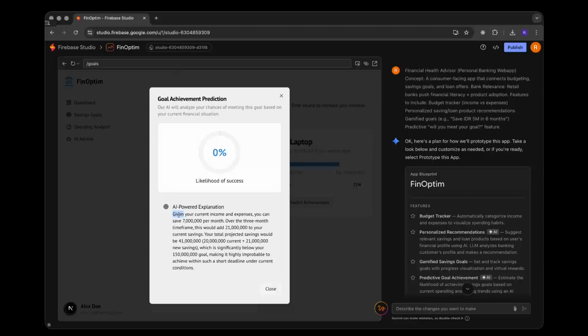And then it also gives them an explanation of why it has a low chance of success, and maybe I could even improve it by telling them how they could improve that likelihood of success.